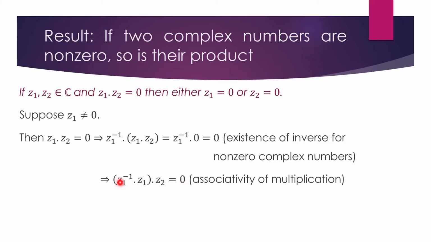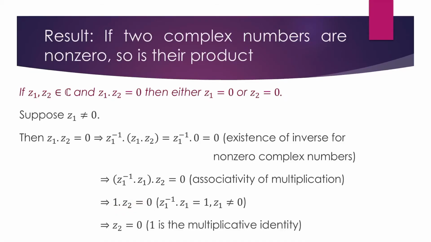Okay, now what is Z1 inverse times Z1? It is 1, because Z1 inverse is the multiplicative inverse of Z1, so their product will always be 1. So this implies 1 times Z2 equal to 0, which means Z2 equal to 0, because 1 is our multiplicative identity.